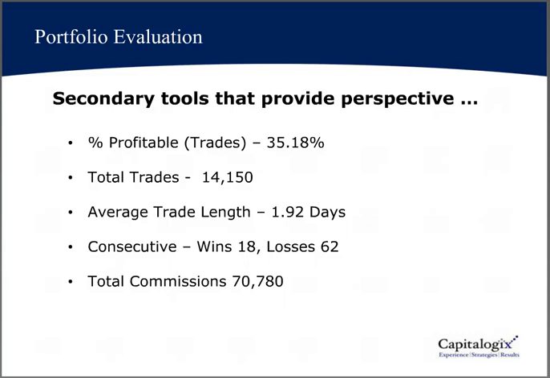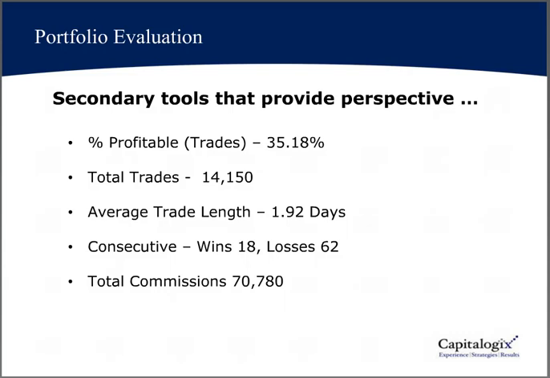Total trades, obviously, it's important. 14,000 trades. TradeStation would love this for your portfolio. Average length of a trade is 1.92 days. Now, one of the nice things about Portfolio Maestro is that it has the ability to separate the individual markets and look at the average holding period for the individual systems, or in this case, the individual markets.